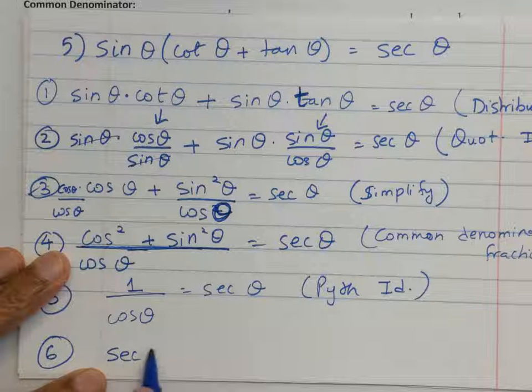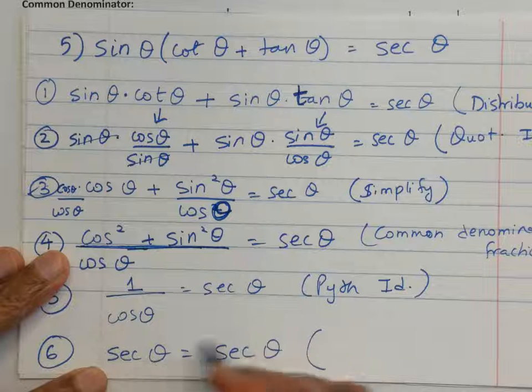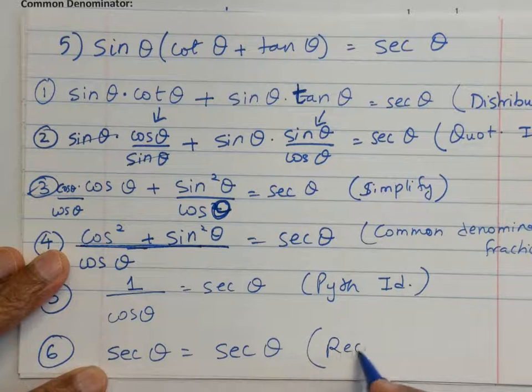Because 1 over cosine theta is secant theta because of reciprocal ID.